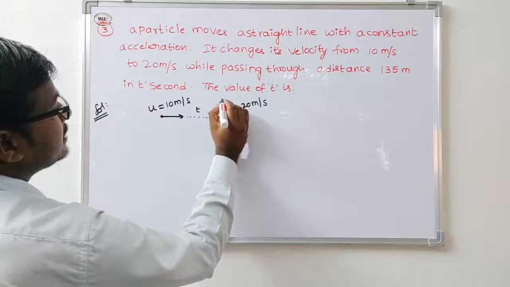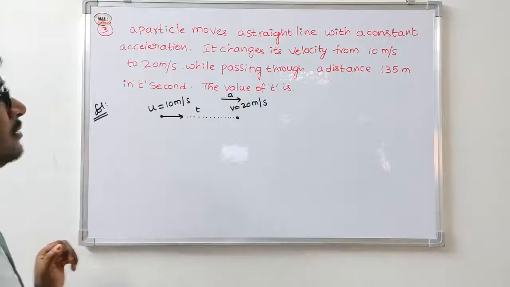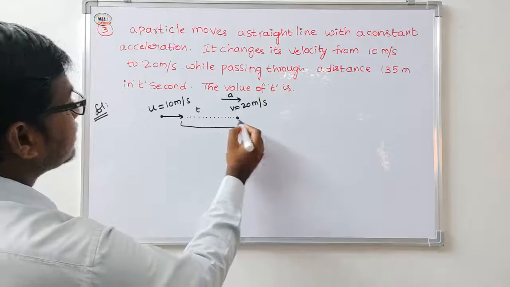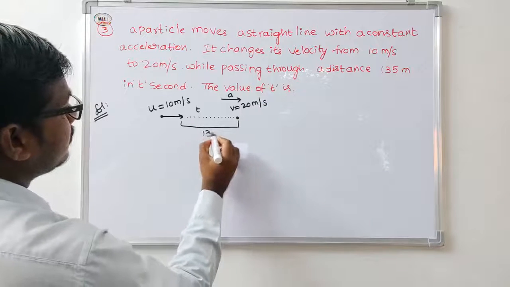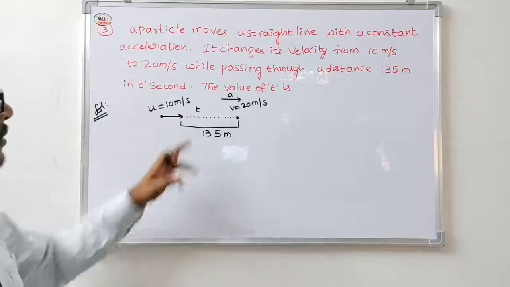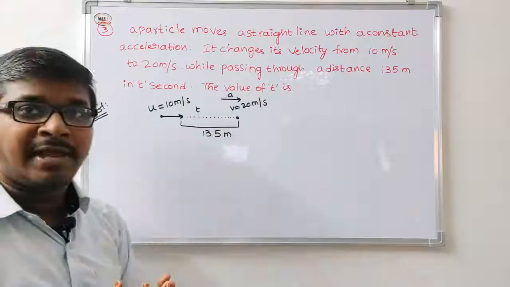So it is continuously changing. First find out acceleration. Some distance is covered, the distance is 135 meter. First find out the a value, next find out the time t value in this problem.